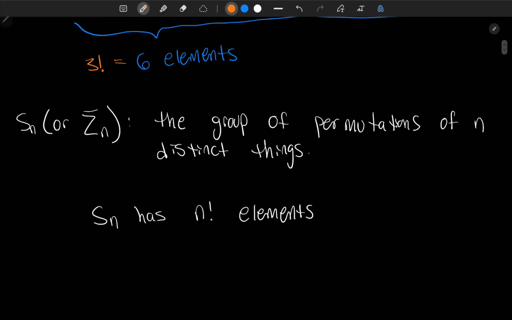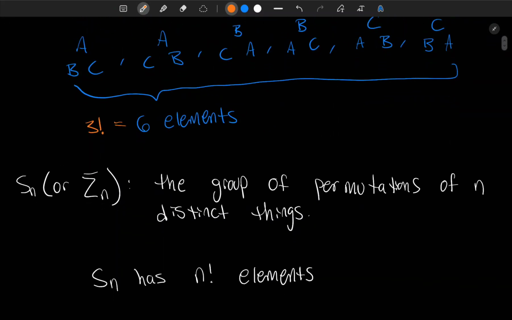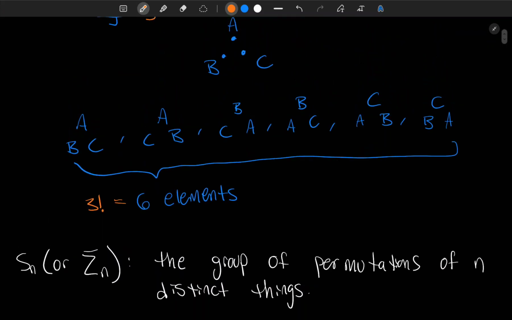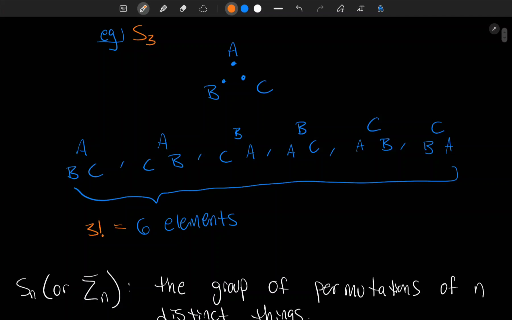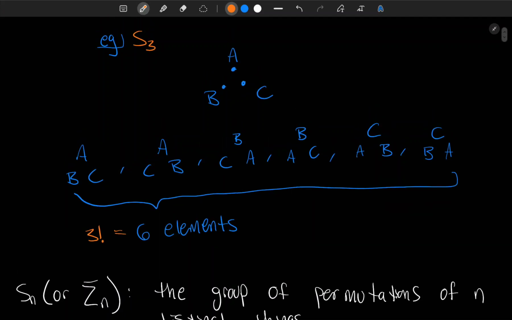So we've already seen an example of the group of permutations. And this is in fact a group, because each permutation has an inverse. You can consider there to be some identity element. Say, for example, it's ABC. So the identity keeps A at A, keeps B at B, and keeps C at C. One such element could just be a swap of the bottom two, or a swap of these two.